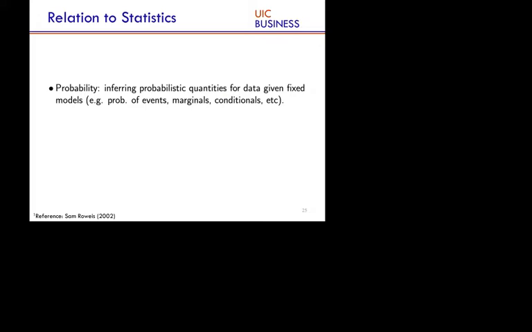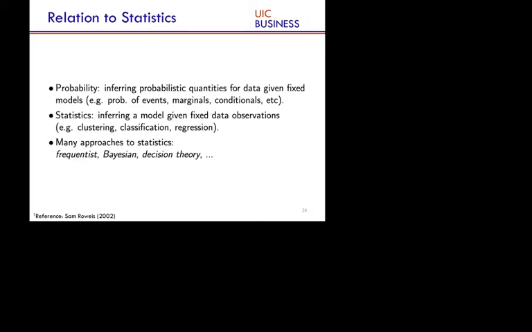So you've already been given a joint distribution roughly, or some numbers that you've already assigned to events, and then you care about computing the marginal, computing the conditional, verifying independence, and so on. Whereas statistics is about inferring the model given some data observations. For example, you can do clustering, classification, regression, and stats has many different approaches, but probability is just probability. Okay.